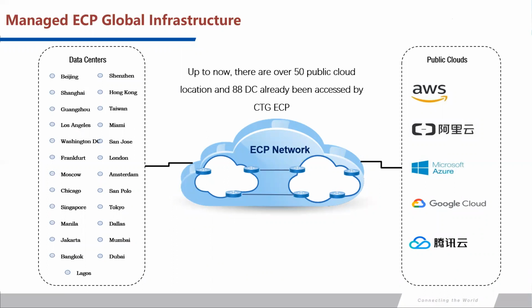Public clouds like AWS, Ali, Azure, Google, or Tencent, in China or globally, can be connected. Also the global data centers in mainland China, America, Europe, Africa, or APAC, anywhere we can go. We have more than 88 data center locations in total. Some of the locations already have the cloud there.